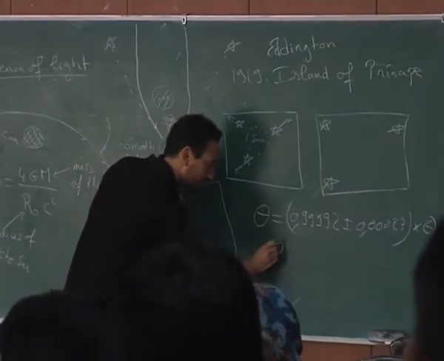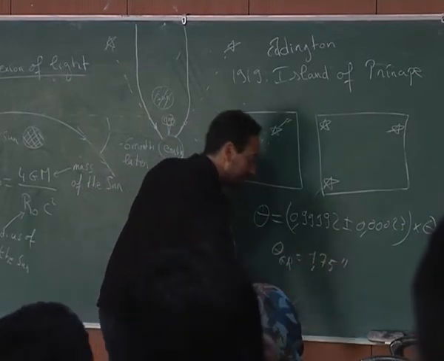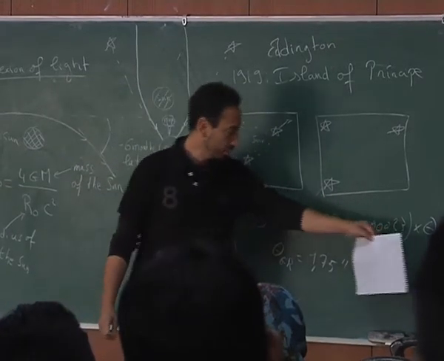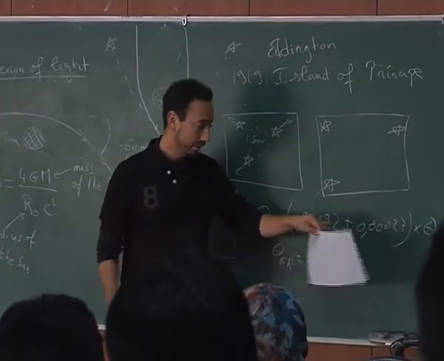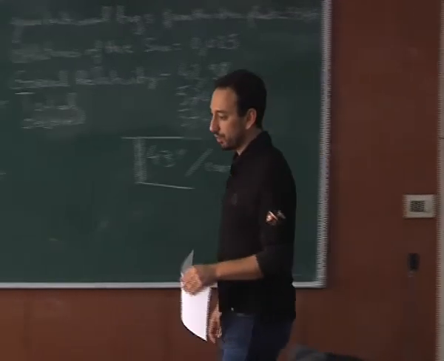And the prediction by general relativity is 1.75 seconds of arc. So this is what we actually observe. It is the value predicted by general relativity. So again, that proves that general relativity is correct.